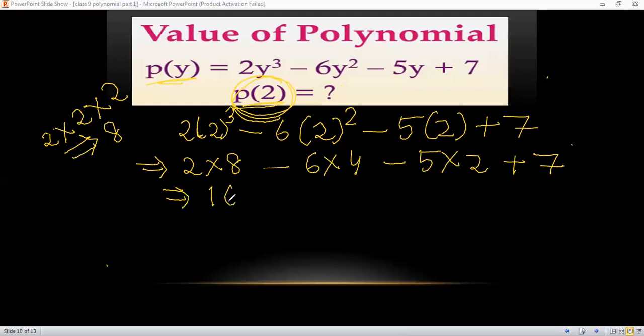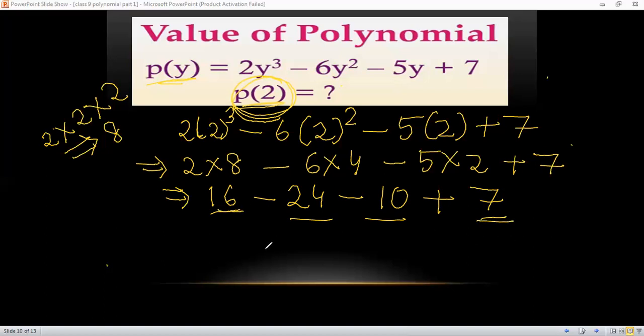Now this becomes 16 minus 24 minus 10 plus 7. Now I will add the positive numbers, 16 and 7 together. So this will become 23.